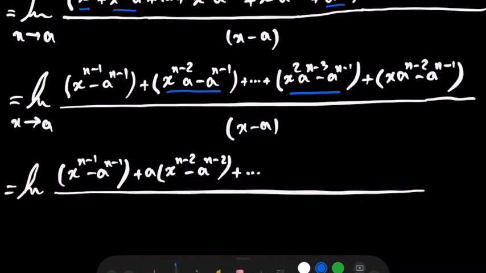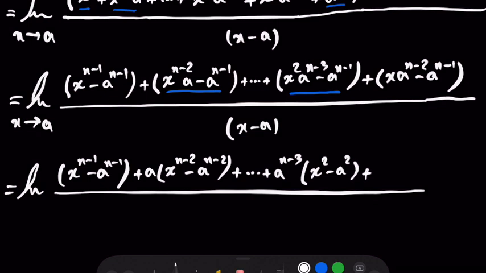We can factorize a to the power of n minus 3, so it is plus a to the power of n minus 3, and we're going to have x squared minus a squared.